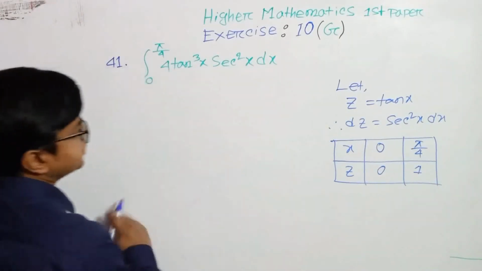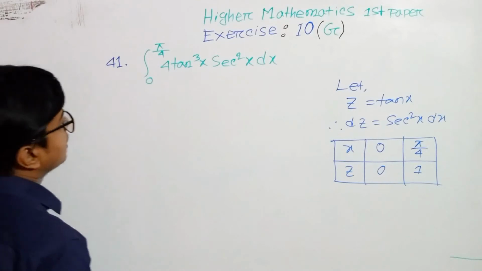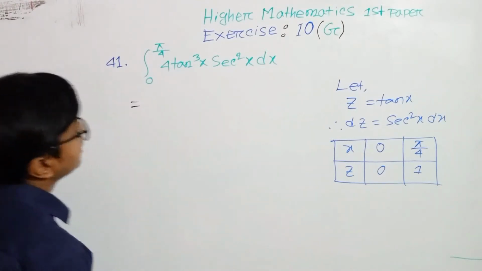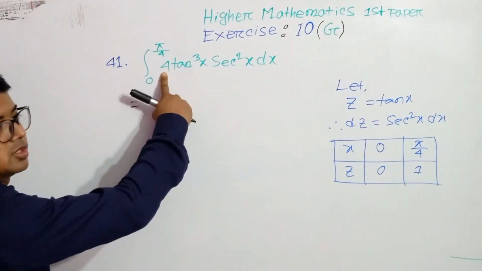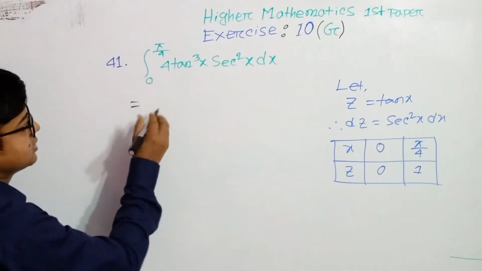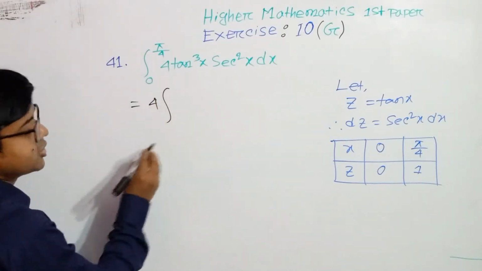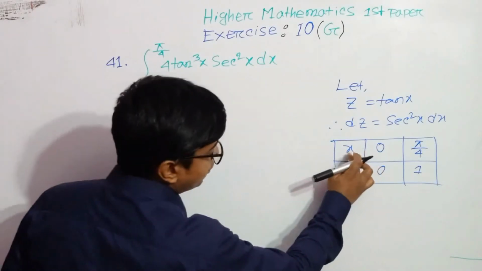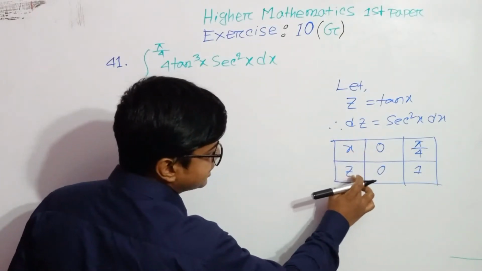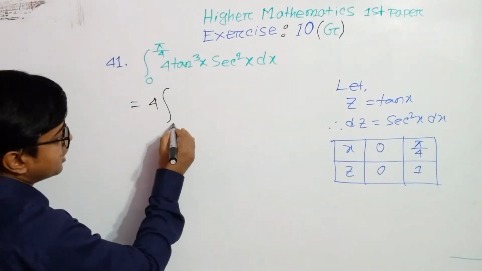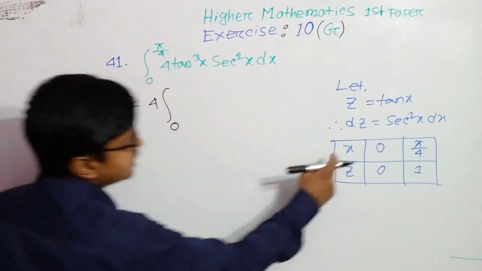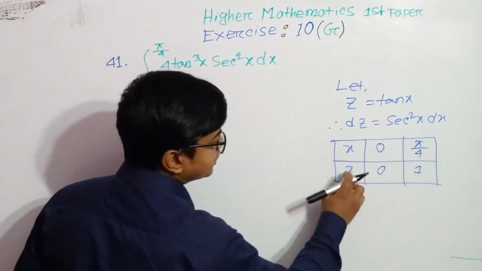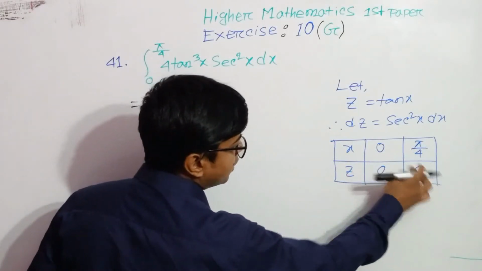Now we can write here 4 is constant, so it comes first. Integration lower limit here 0. When x is 0, then z is 0. So 0, and here x is pi by 4, then z will be 1.